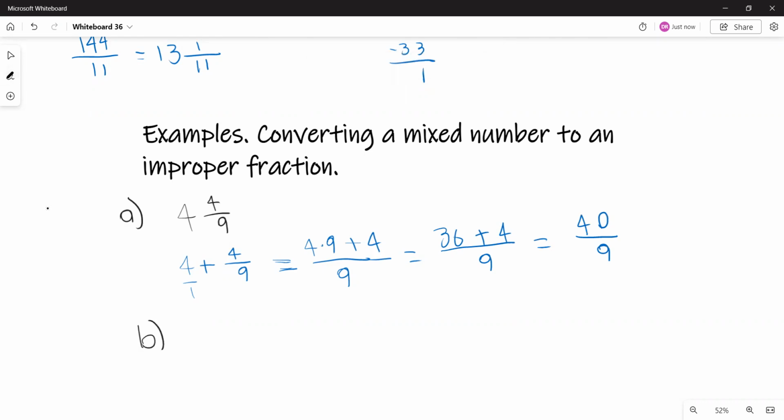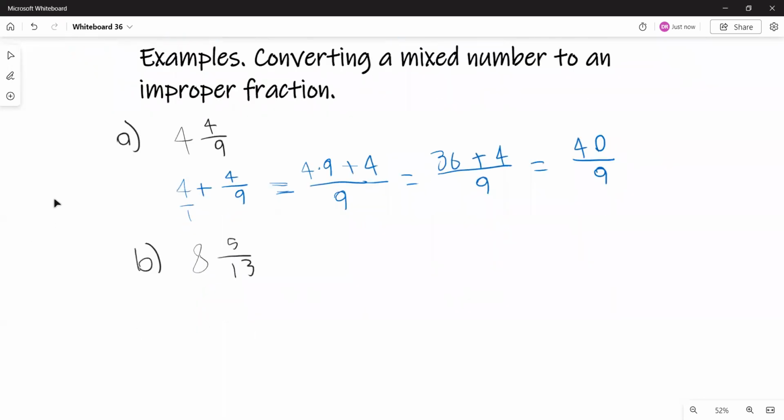And part B, convert the mixed number 8 and 5/13 to an improper fraction. We again just add the fractions. 8 plus 5/13. The least common denominator is 13.